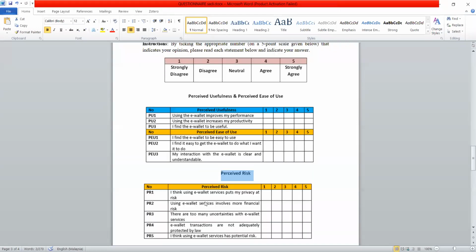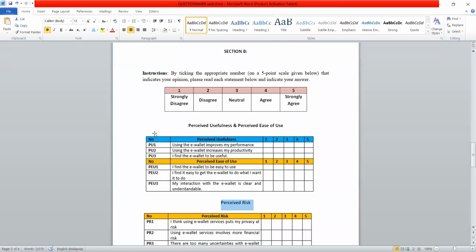Okay, and then you have to give some codes, not just 1 2 3. Like you see his IV is perceived usefulness, so he used the first capital letters P and U: PU1, PU2, PU3. And this one is perceived ease of use, so he uses PEU, the first capitals of the words: PEU1, PEU2.